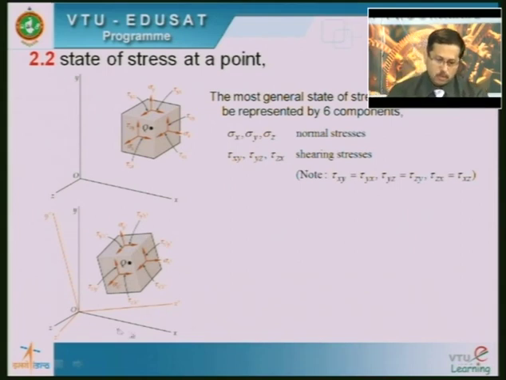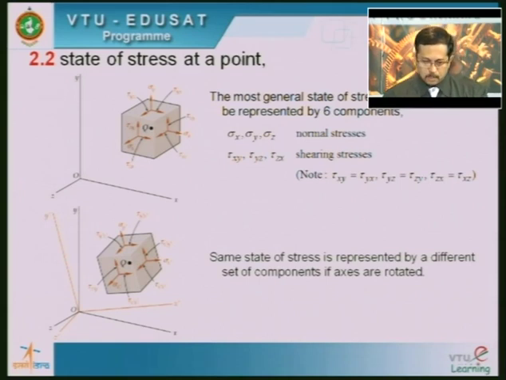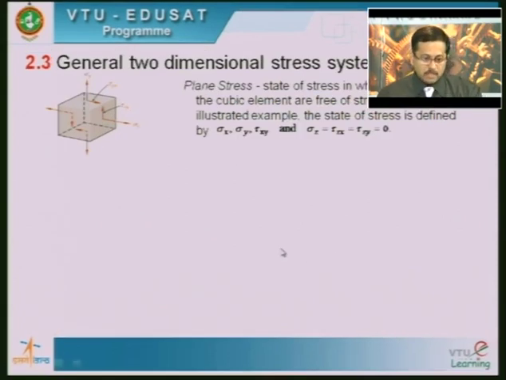This is the new state of stress when you rotate a member or a point. The same state of stress is represented by a different set of components if the axes are rotated, as I explained just now.